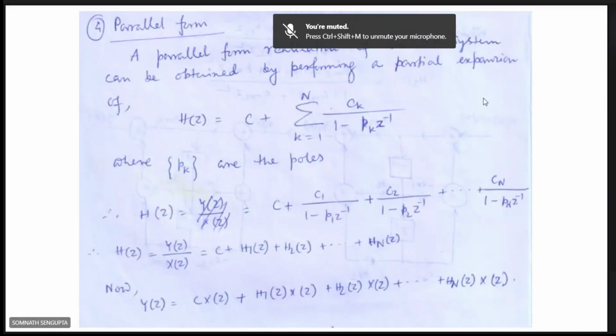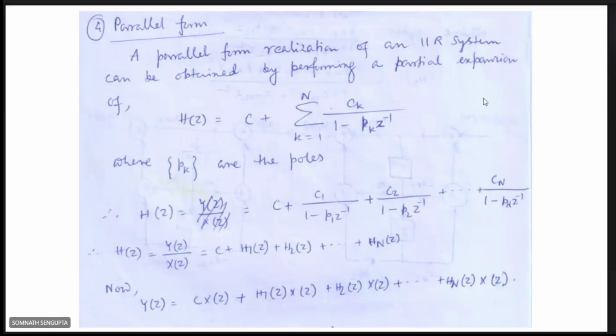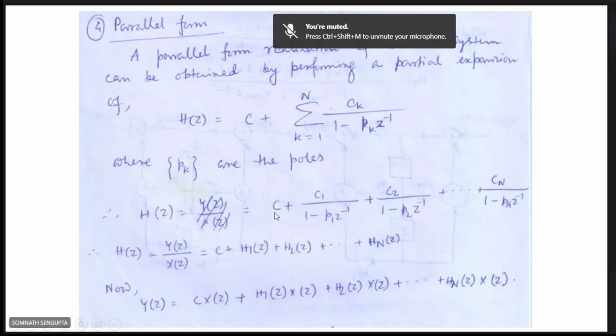You have to divide the numerator with the denominator and calculate the coefficients. In those individual fractions, there will be poles, which we have seen earlier when we studied the partial fraction expansion method.